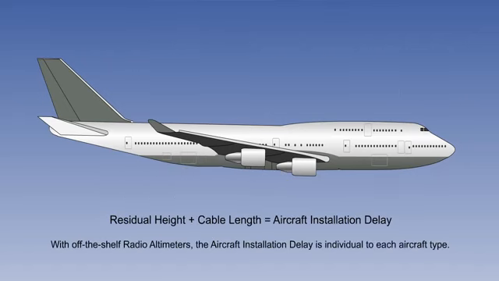As radio altimeters are generally produced by avionics specialist manufacturers, not aircraft manufacturers, they tend to be off-the-shelf items, not customized for any one type. The combination of residual height and cable length is known as aircraft installation delay and is individual to each aircraft type.